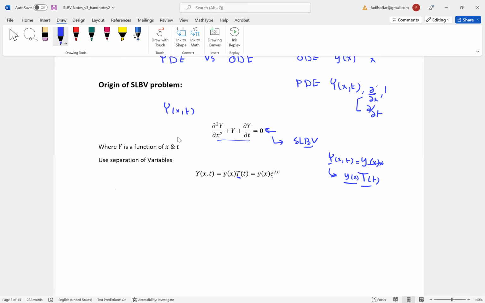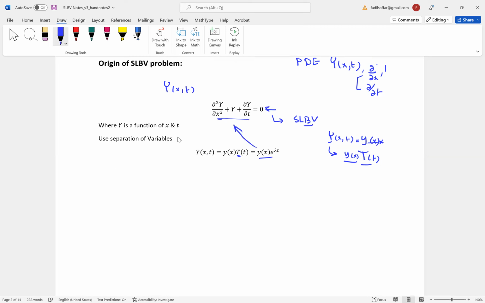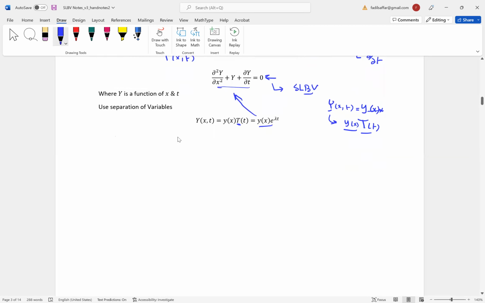So if we take this one here and the new definition and substitute into that equation, we get the following. That would be just y double prime, and that's with respect to x, which is this y now, plus small y, plus now the derivative with respect to t, where we'll have lambda multiplied by y.